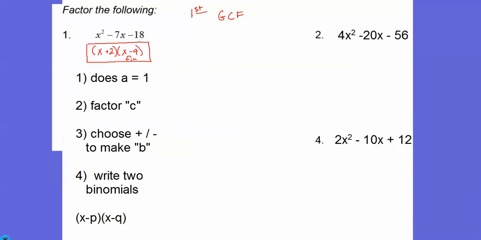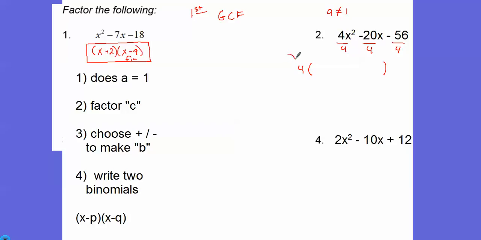Let's look at problem number 2. This looks very, very different. In fact, I see that this a does not equal 1, so I have to try something different. But wait, I have to look for my GCF. If I were to divide every one of these values by 4, I will see that I have something that actually does have an a equal to 1.